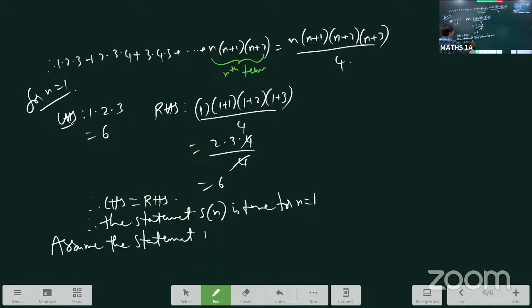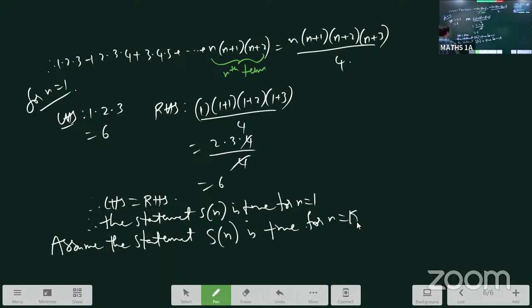Correct? Now we have to assume the statement S of n is true for n equal to k. Assuming the statement is true for n equal to k means directly you substitute n as k.